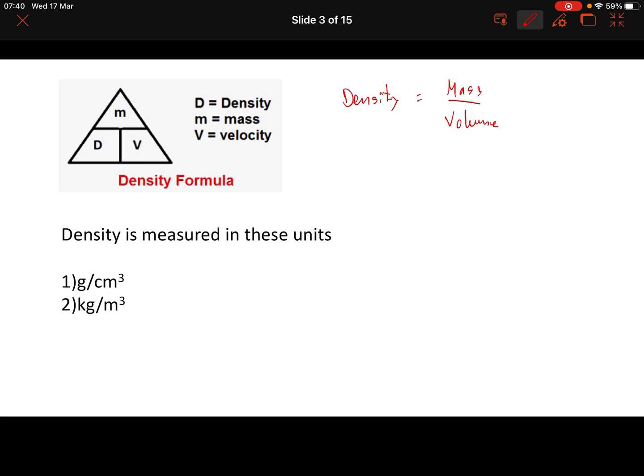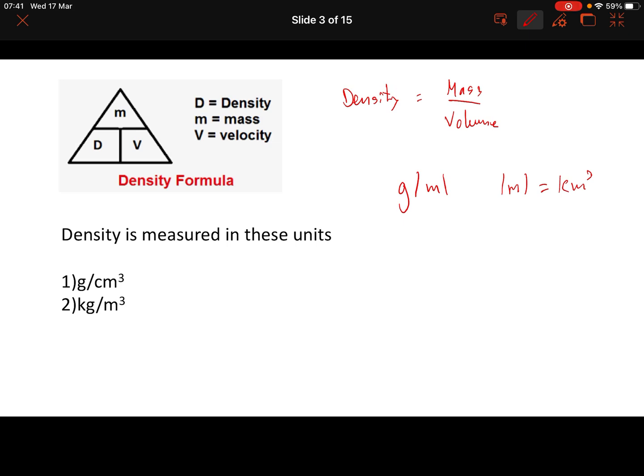So how do we measure it? Typically, density is measured in grams per centimetre cubed, or kilograms per metre cubed. You might get grams per millilitre. Remember that 1 millilitre is equal to 1 centimetre cubed.